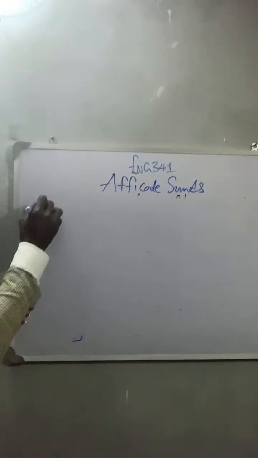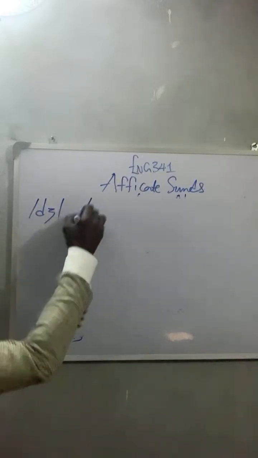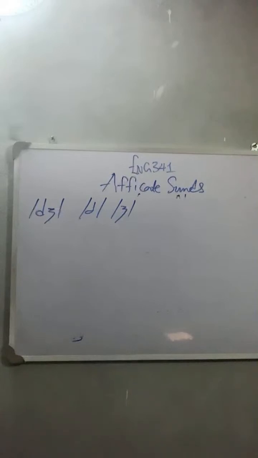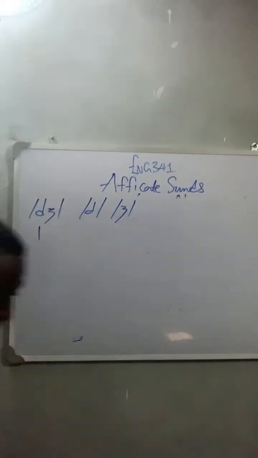For the other pair, d and ʒ, we're taking this together: the first one is d and the other is ʒ.